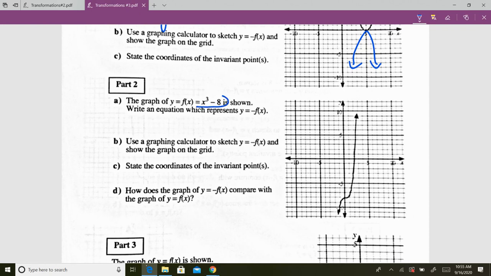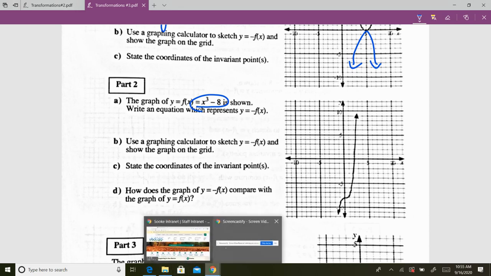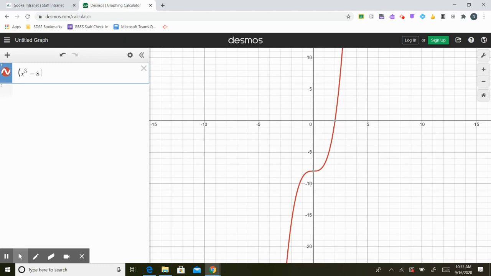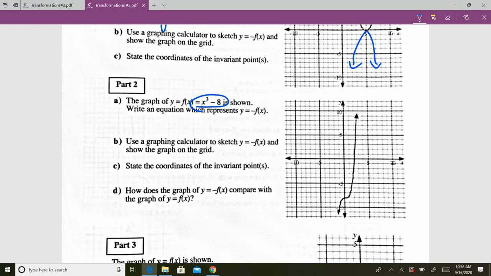What if we do it to this, x cubed minus 8? Here's the graph of x cubed minus 8. Here, let me pull up Desmos. There it is right there. If I put a negative in front, what do you think happens?